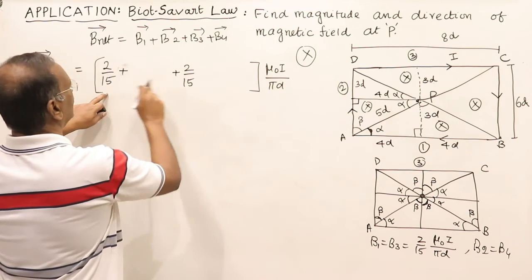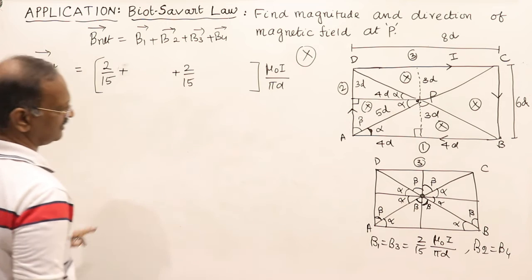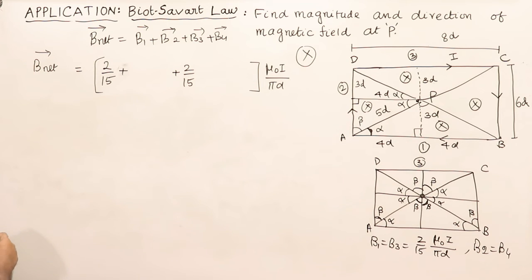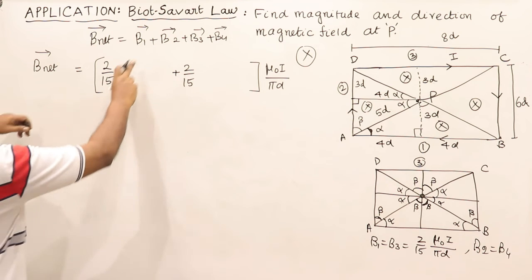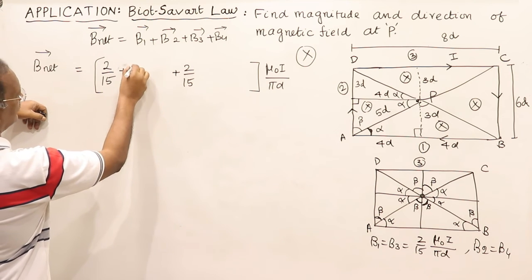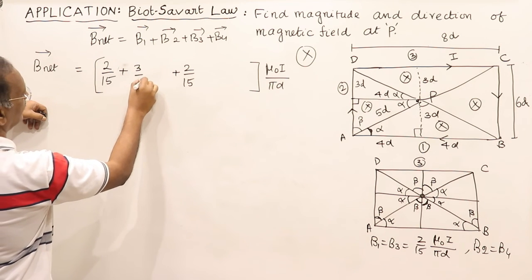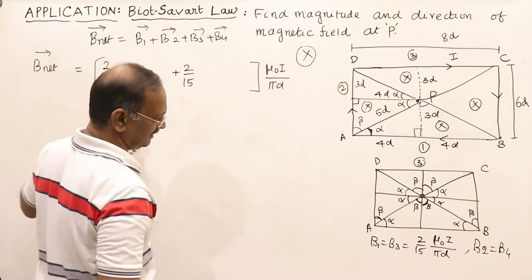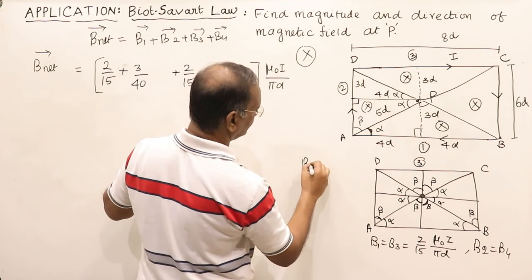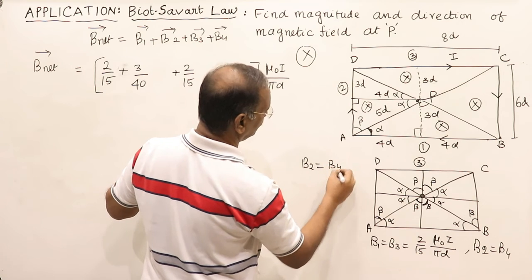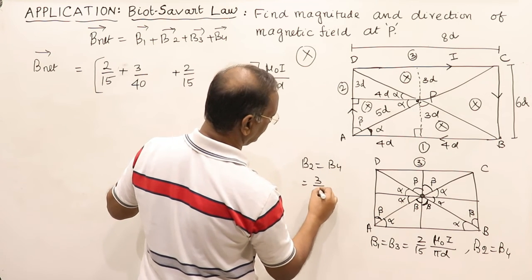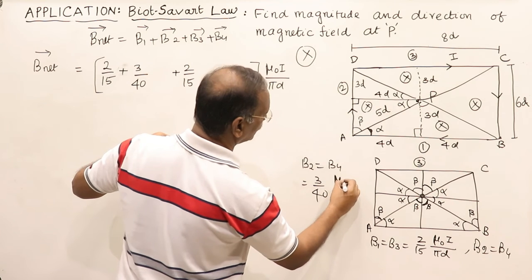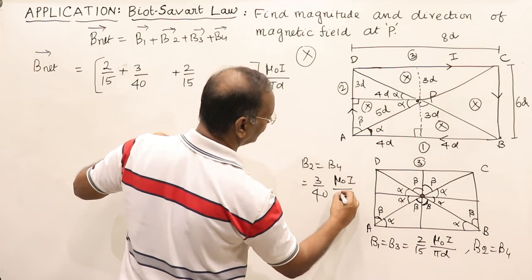This is B1 and B3, B1 and B3 both are same. Okay. And what about B2? B2 is equal to 3 by 40 as we have found out, 3 by 40 into mu naught I by pi d, because B2 is equal to B4, which is equal to 3 by 40 mu naught I divided by pi d.